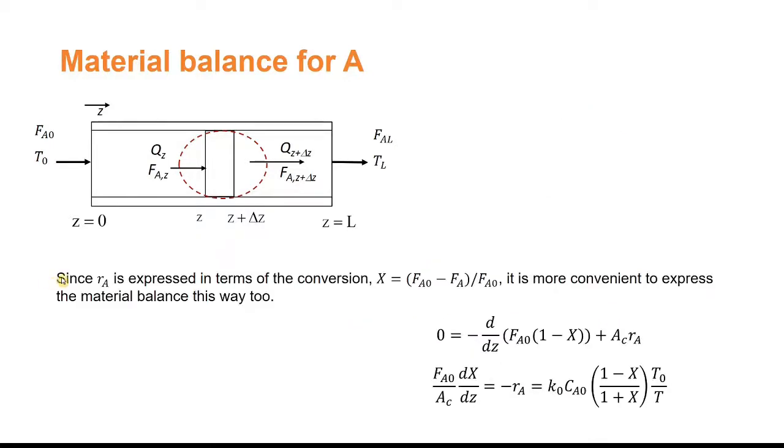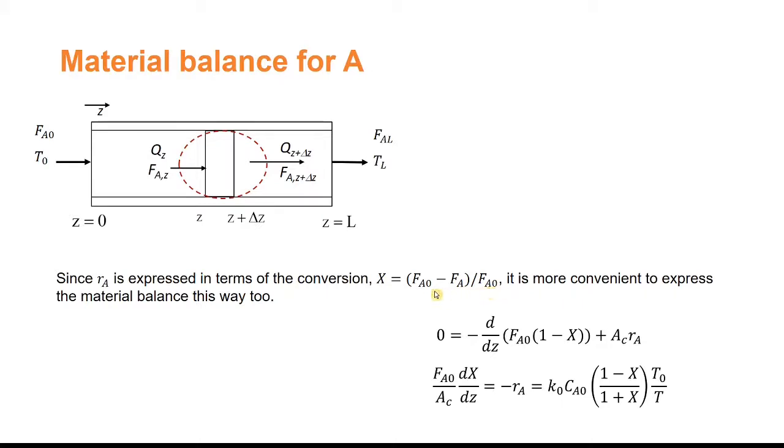We've been given RA expressed in terms of the conversion of A. If you remember, the conversion X can be defined as the amount of A that has been reacted at any given point inside the reactor divided by what went in.